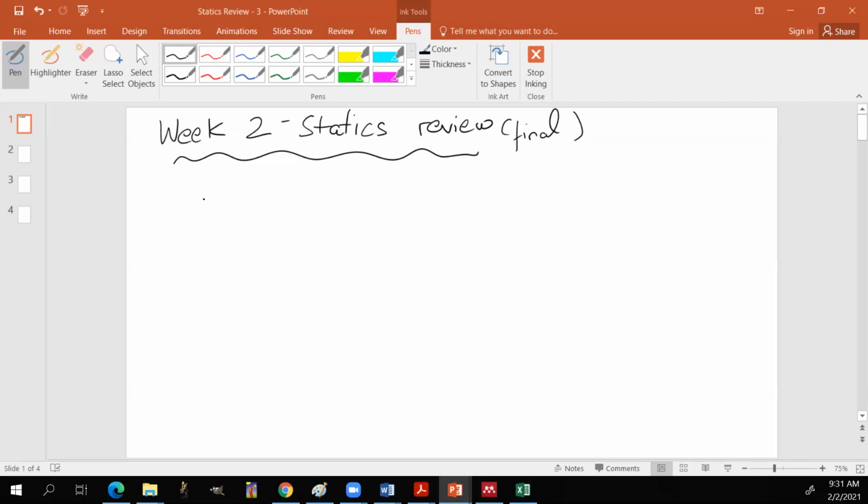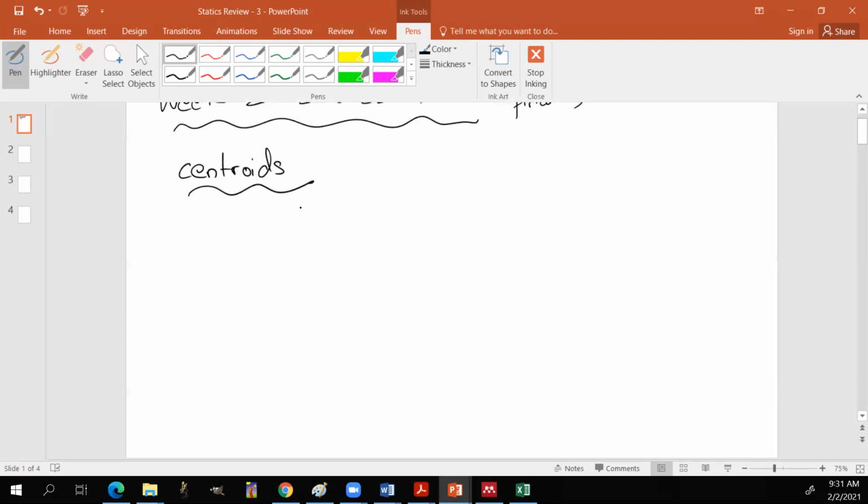So today, the first thing that we're going to look at is centroids. Let's say that we have our X and Y axes, standard stuff.